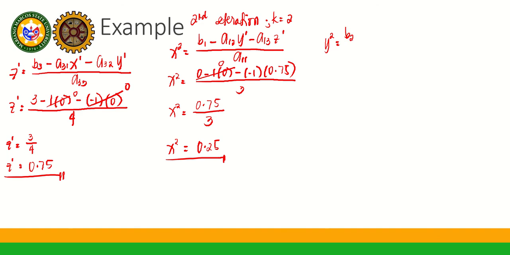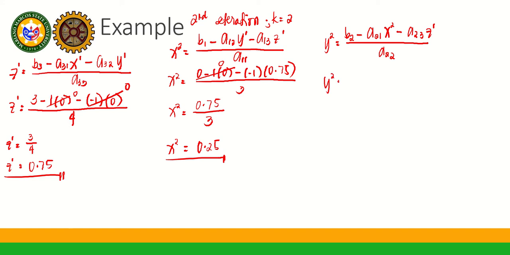So this is equal to b sub 2 minus a21 times x raised to 2, I should say, x squared, since k is equal to 2, minus a23 times z raised to 1, all over a22.